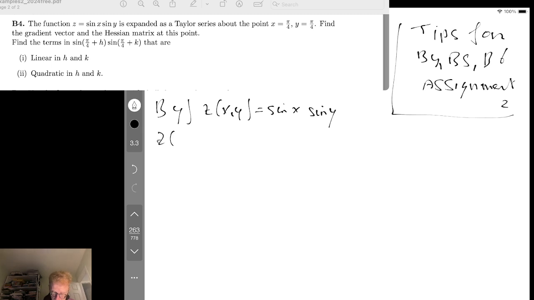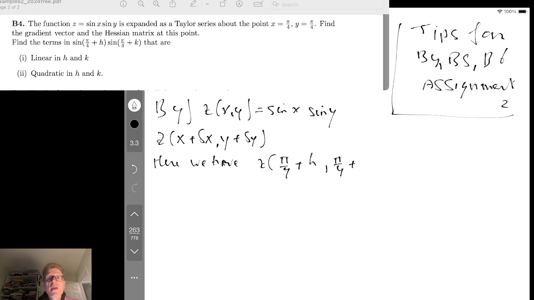Now remember, in class we looked at the expansion of f, or in this case z, around x and y. So here we have that x is pi over 4 and delta x is h, and y is pi over 4 and delta y is k.